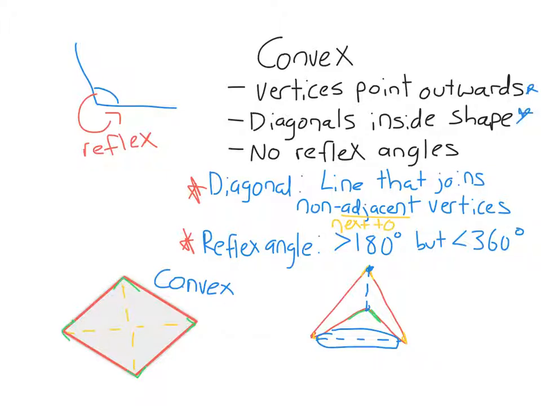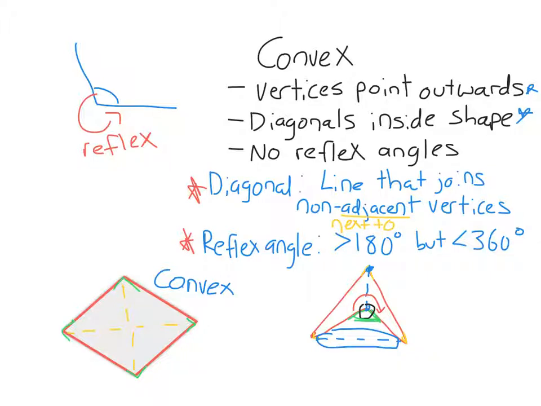And the third one, it will have a reflex angle. This angle here, without measuring it, we know is going to be more than 180 and less than 360. So why is that? Remember, angles at a point, this whole angle here is 360. This angle in here, which is obtuse, will be somewhere between 90 and 180.